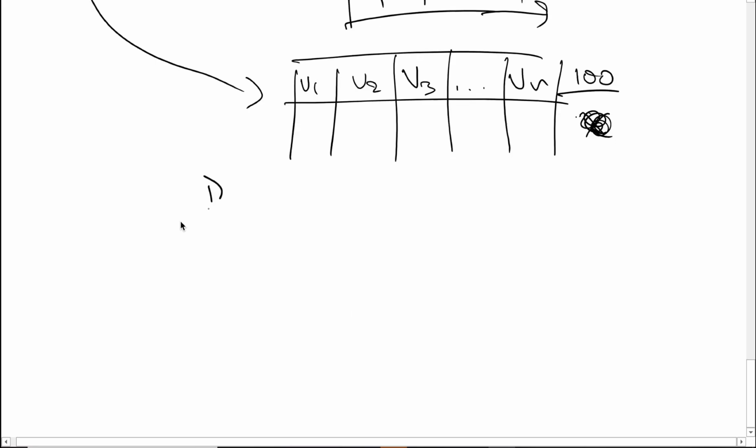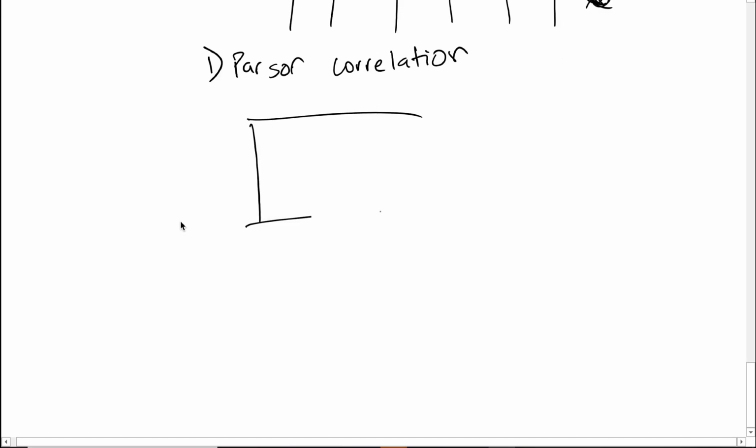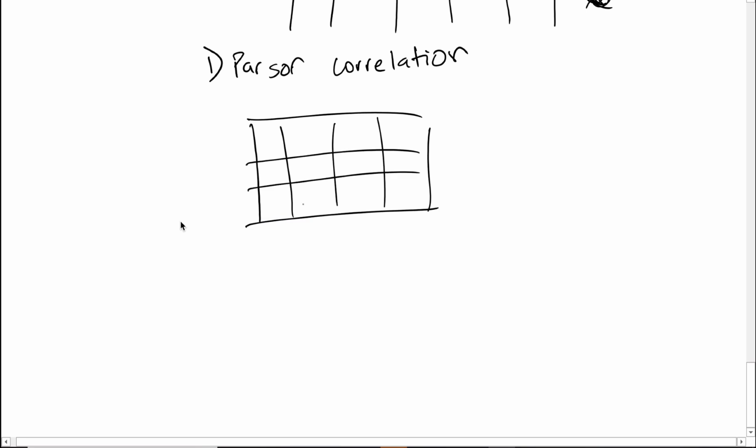Now, the first one is known as your Pearson correlation. What you can do is create a correlation matrix, find out which values are highly correlated, and pick those variables for modeling.